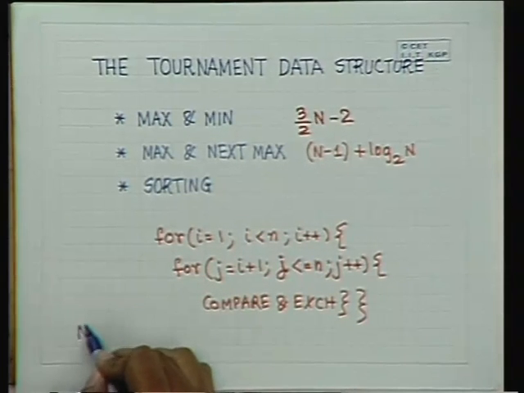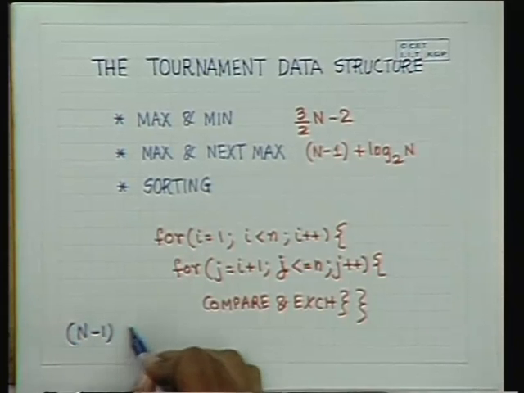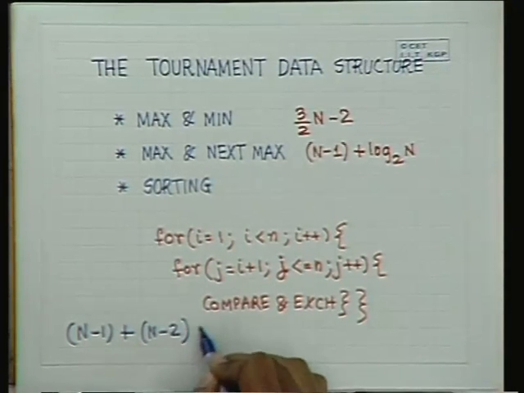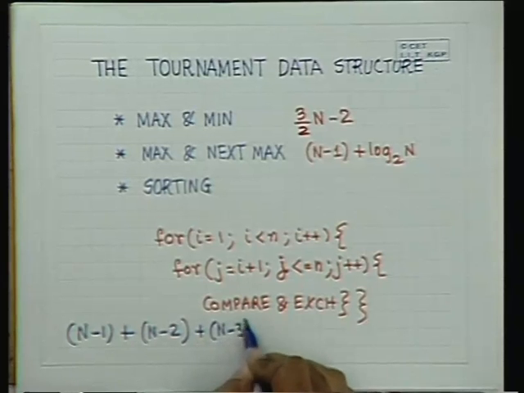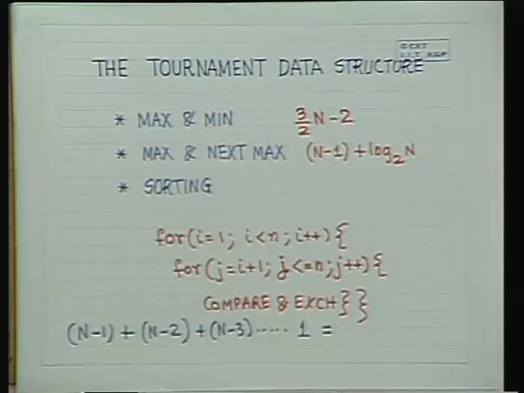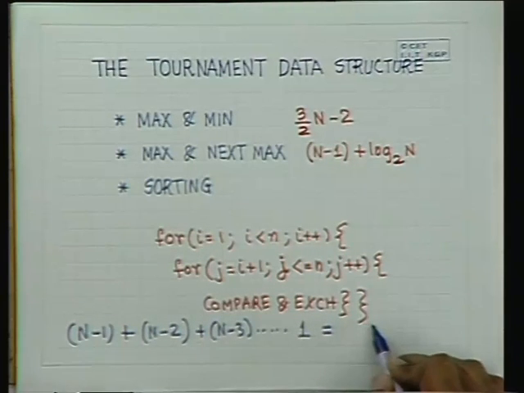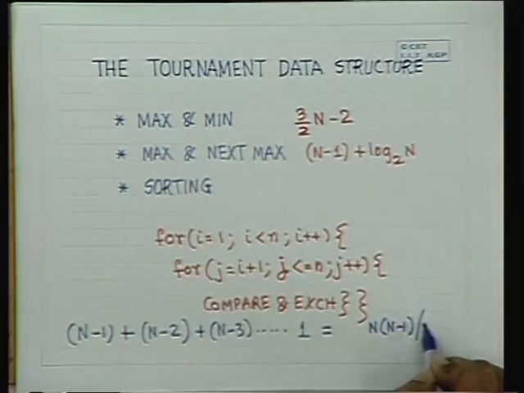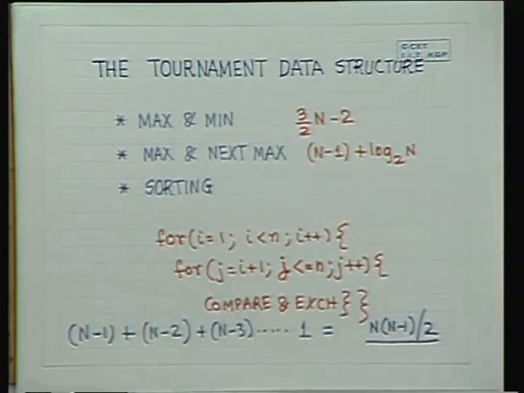So the total number of comparisons is n minus 1, when i is 2, which is, this is n into n minus 1 by 2. So many comparisons we are going to do in all the traditional sorting examples that we have done.